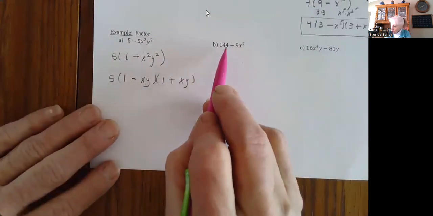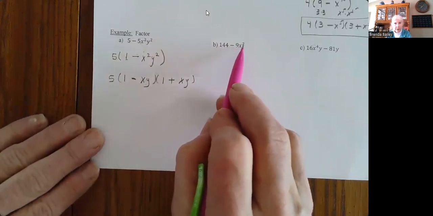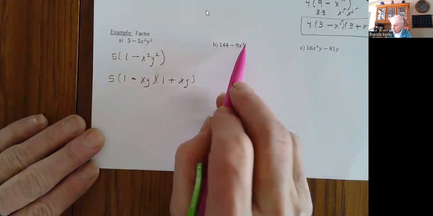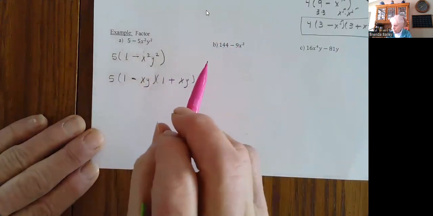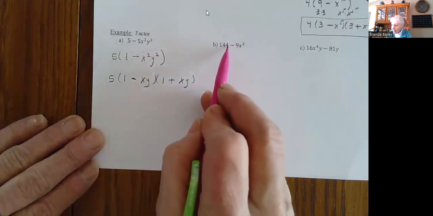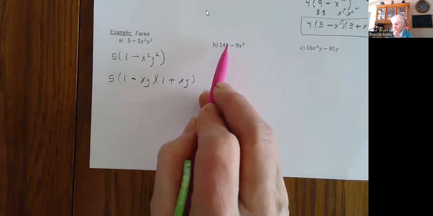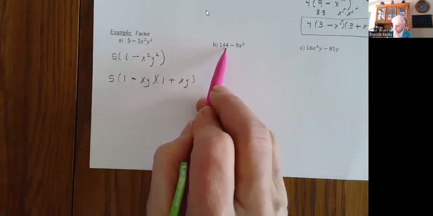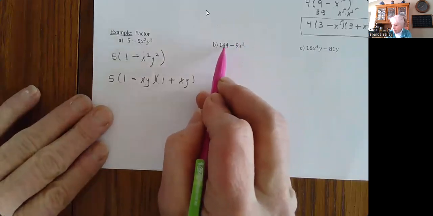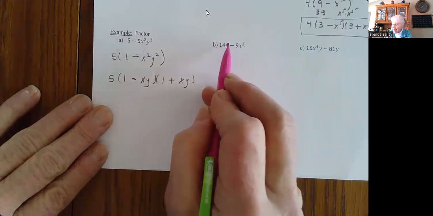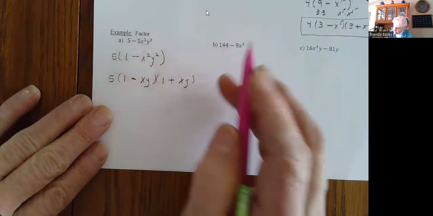Let's look at the next one. We've got 144 minus 9x squared. Does 9 go into both of these? Going way back to your division rules, if you add the digits and the sum is divisible by 9, then the number is divisible by 9, which is kind of an interesting fact. 4 plus 4 is 8, plus 1 is 9. So I know 9 goes into here evenly, looking for the greatest common factor.